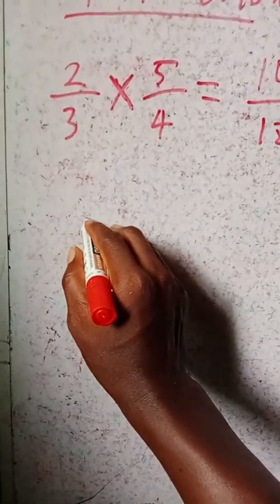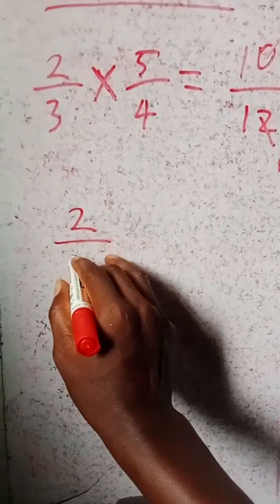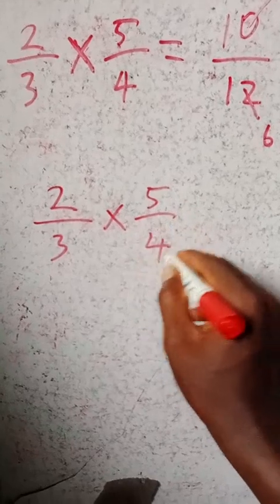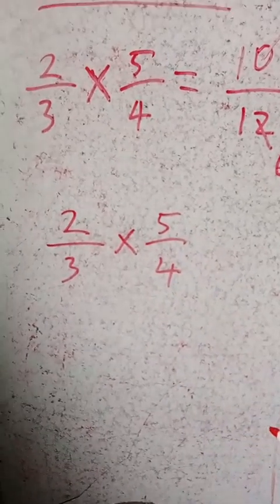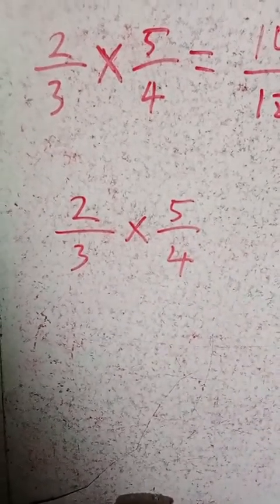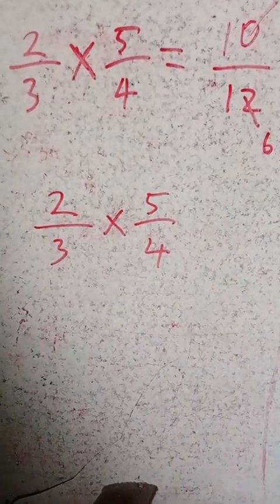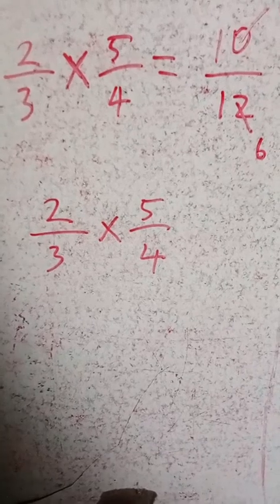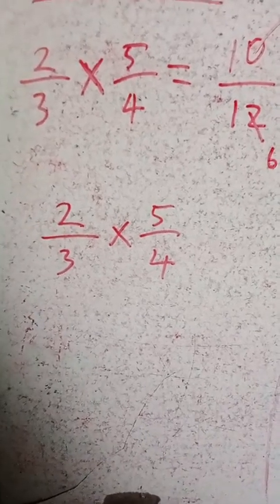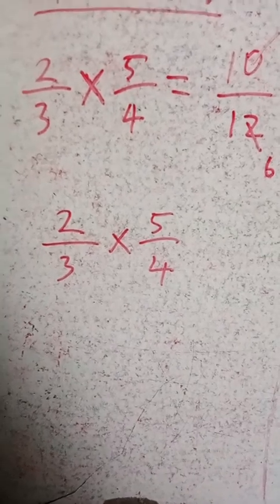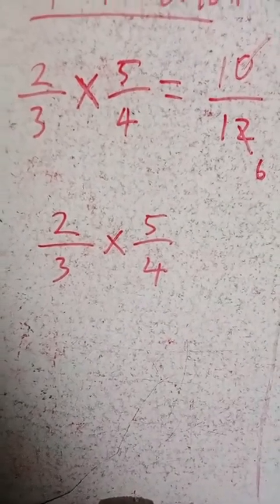If you have 2 over 3 times 5 over 4. I told us that you can simplify first, so that when you multiply, you don't get big numbers. In order to avoid that, you simplify if it is necessary.